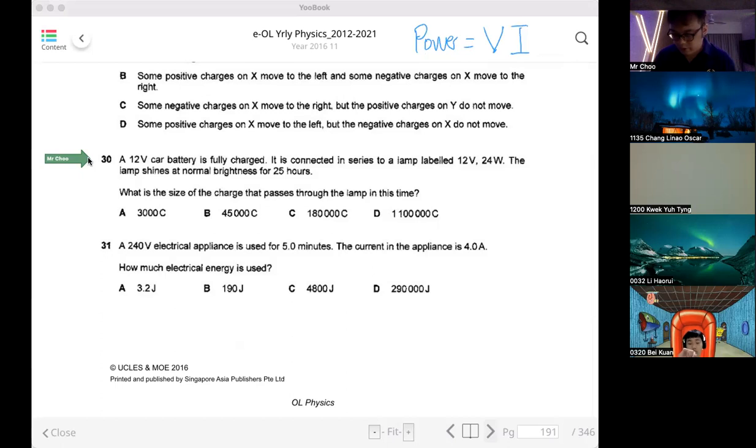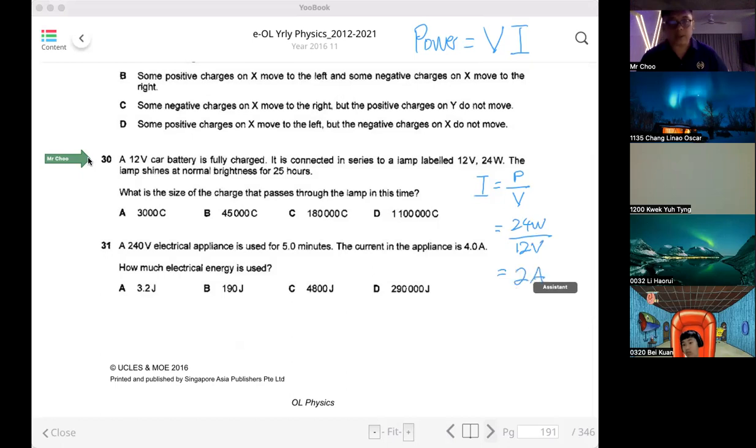So in this question, you find the I first, which is power over V. Let me go through the first step, because you haven't learned it before. So 24 watt over 12 volt, your current will be 2 ampere.